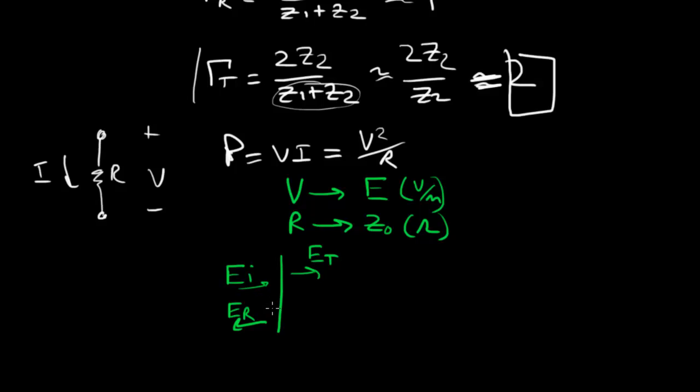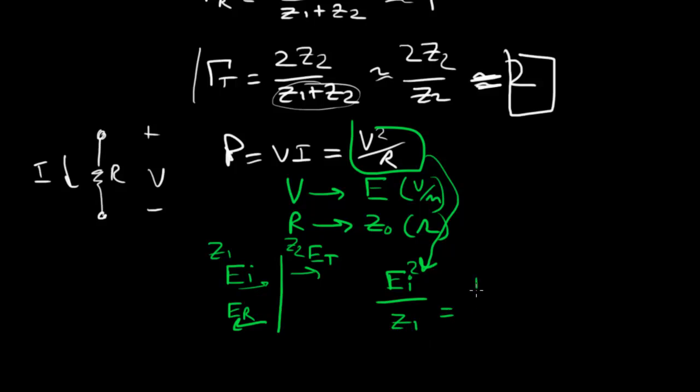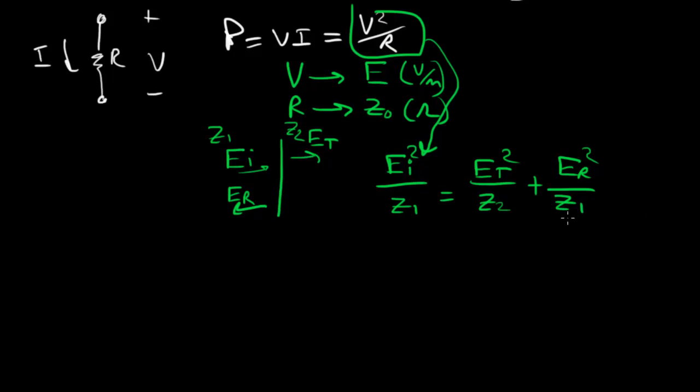We can say, to conserve energy, EI squared over Z1 equals ET squared over Z2 plus ER squared over Z1. Okay? We'll pause there and just parse that out. This Z1 is this characteristic impedance. The Z2 is on this side, so that's the characteristic impedance of the medium through which this transmitted wave is going.